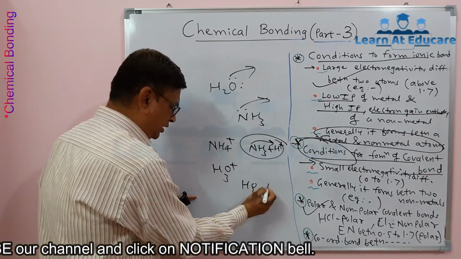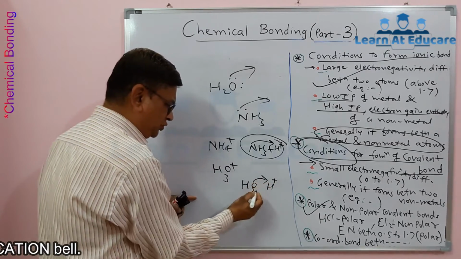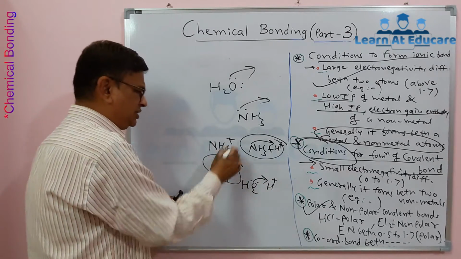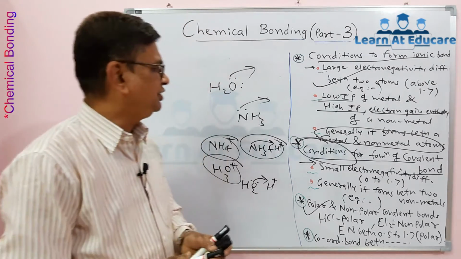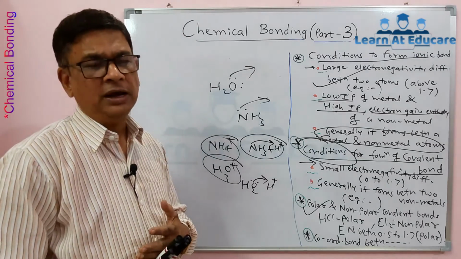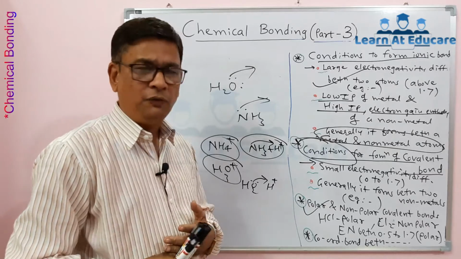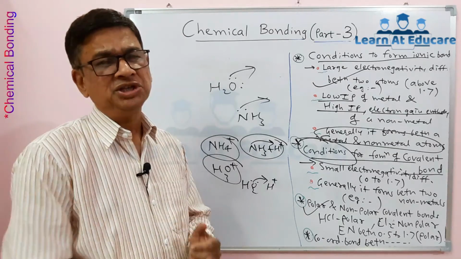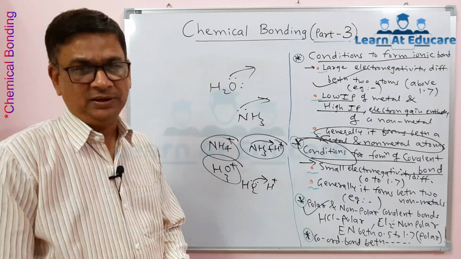Similarly, in water, the hydrogen gets an H+ ion and the oxygen donates its lone pair to become this hydronium ion. So that is the brief idea about these three main types of bond, covalent, ionic and coordinate, how they form, when they form, what the conditions for their formation are, and some examples we have seen.